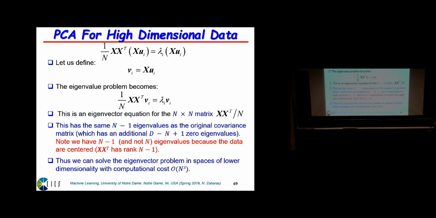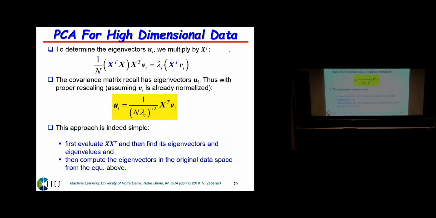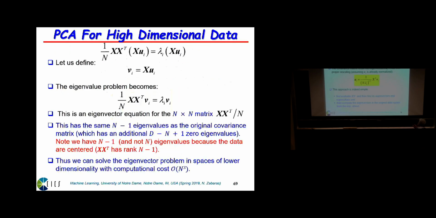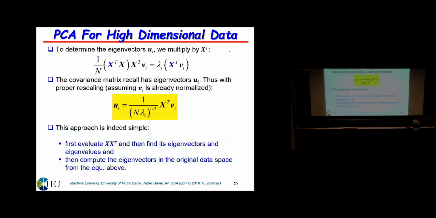And then if you have v_i, you can actually compute u_i from this equation, by multiplying with X transpose, and u_i comes to be equal to this nice form. Where do I get this factor here in the front? Right, so the X transpose v came from here. So where do you think I get the 1 over square root of N lambda?